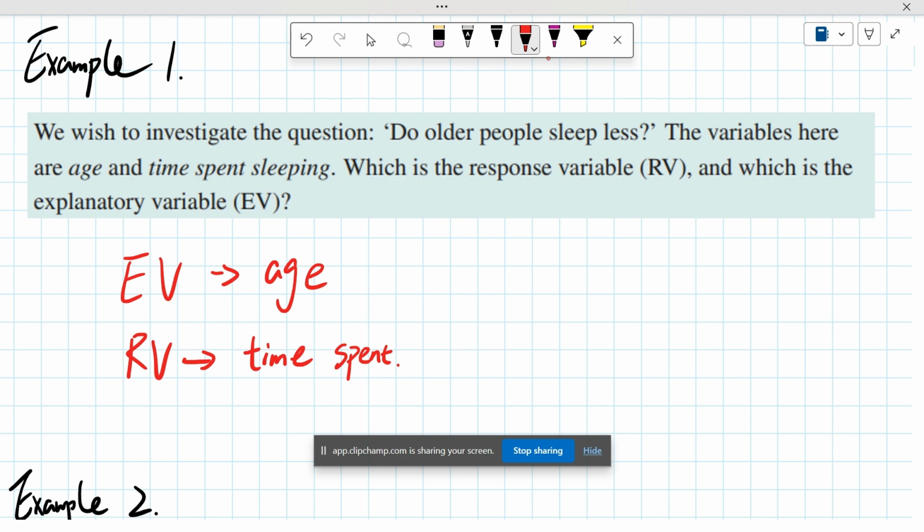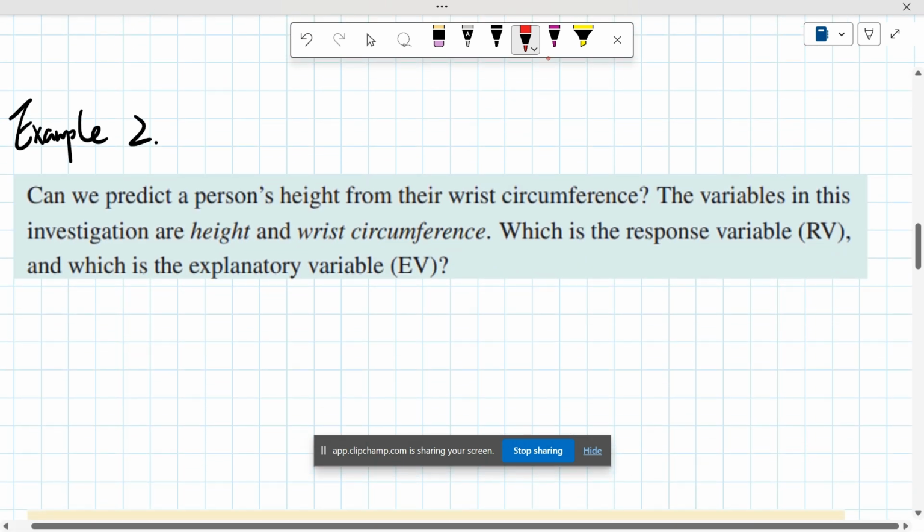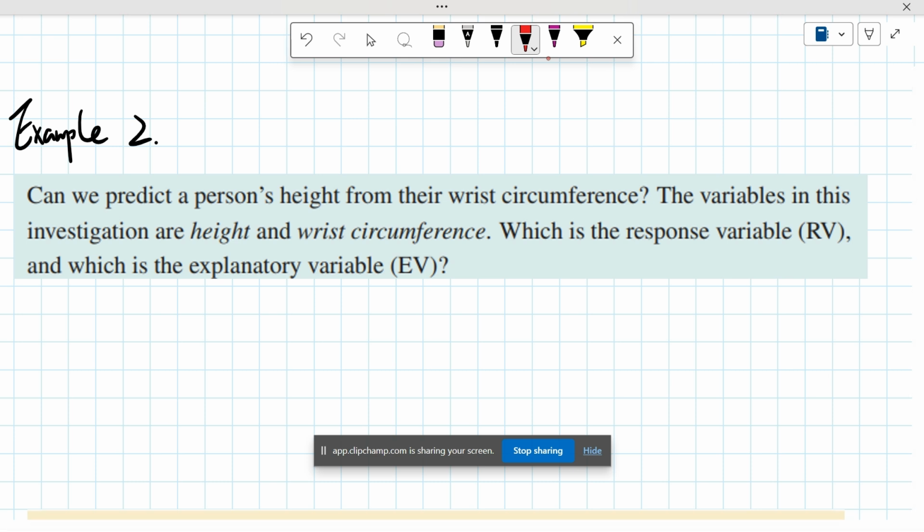And the next example: does a person's height relate to their wrist circumference? The variables we investigate are height and wrist circumference.